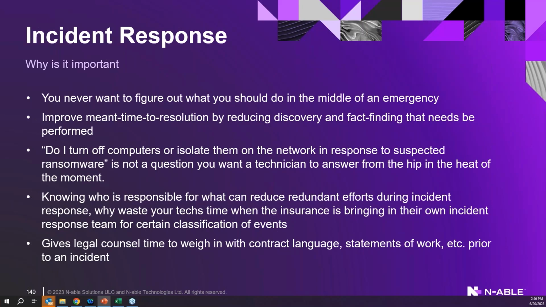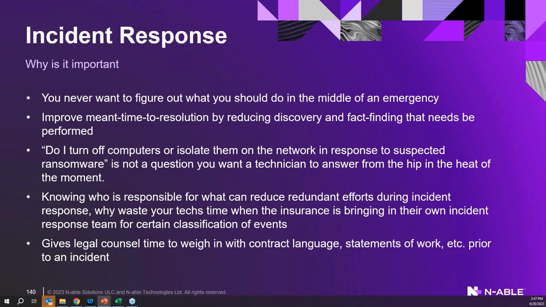But boiling it down, you do not want to be stuck in a situation where you are trying to figure out what to do in the middle of an emergency. You do not want your technicians or engineers standing there trying to figure out, do I need to turn off the computers, or do I need to unplug them, or do I need to shut down the network in the middle of a ransomware attack? They already need to know what that answer is because of your declared incident response program.